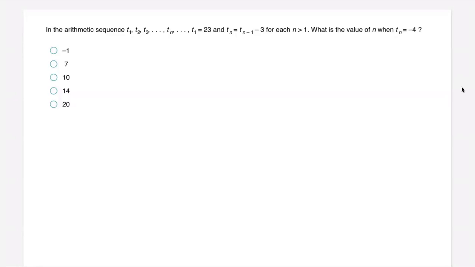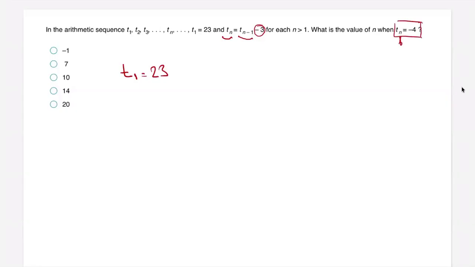Let's do it. In the arithmetic sequence, T1, T2, T3, okay, T1 is 23. Then Tn is the preceding one minus 3. What is the value of n when Tn is equal to minus 4? What is the position of this?